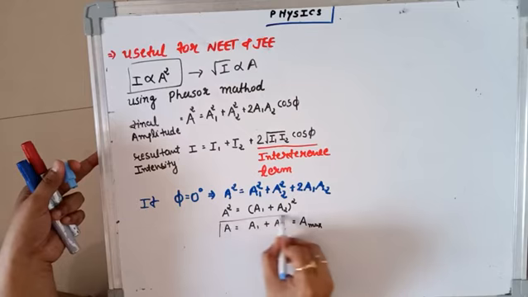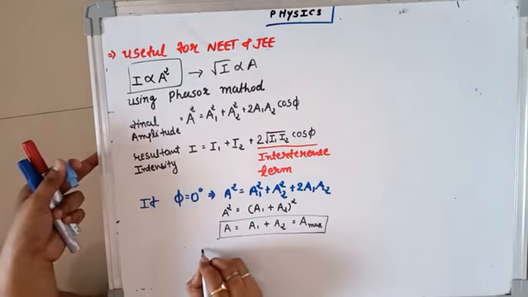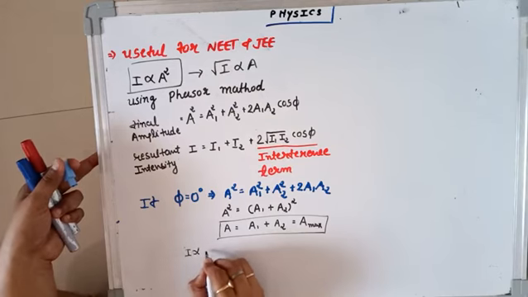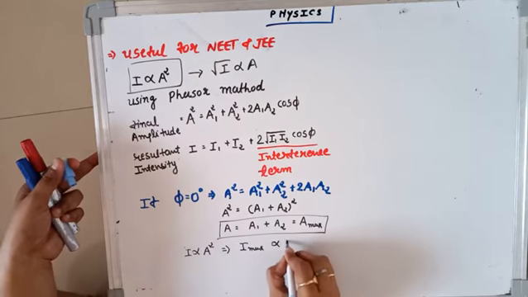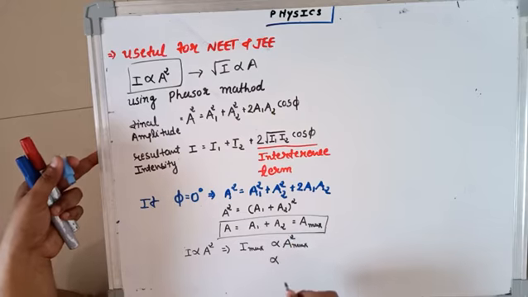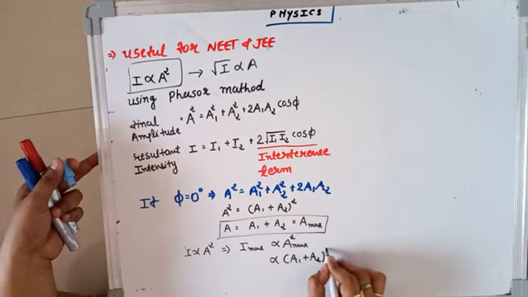So this equation is very important, and from this equation I is proportional to A square, so I max is proportional to A max square, so A1 plus A2 whole square.